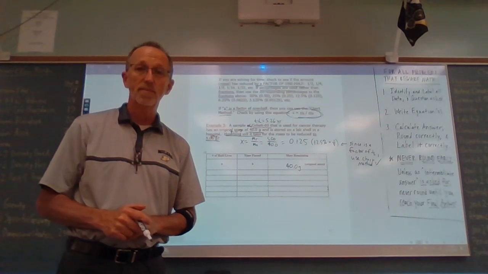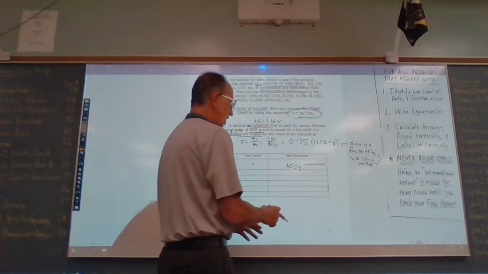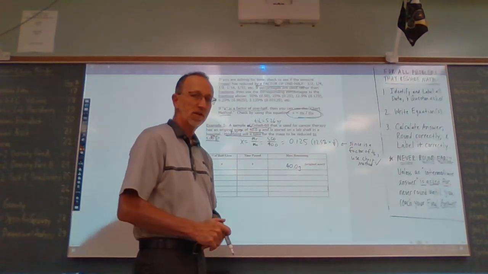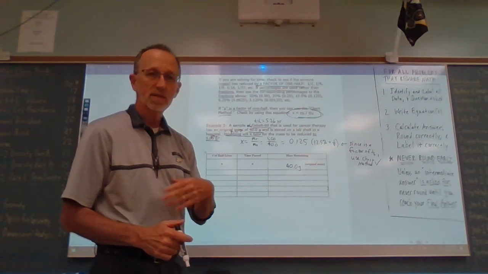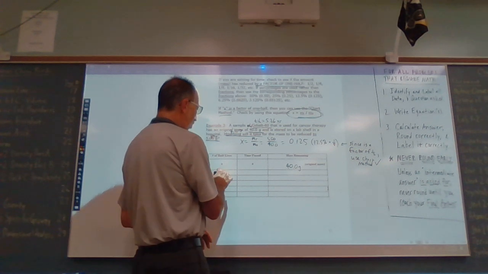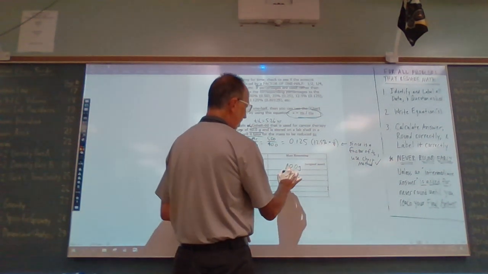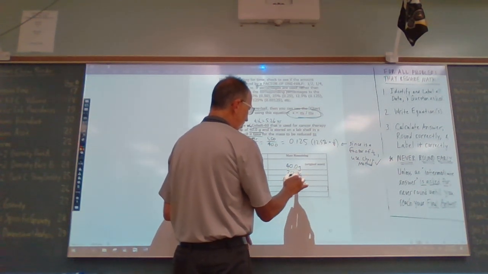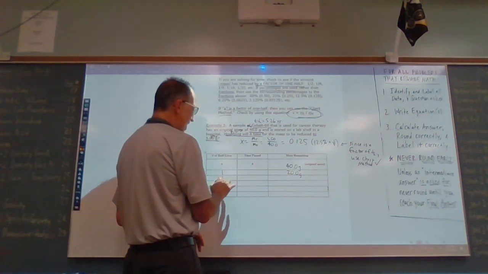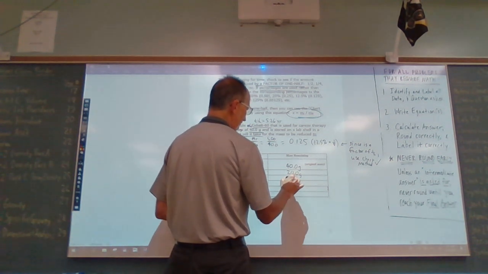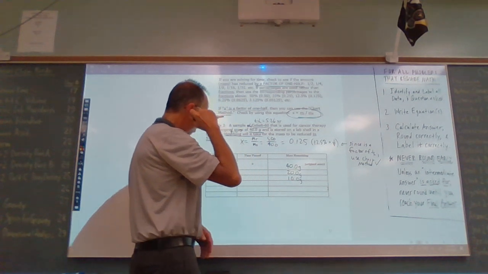So let's start with the mass, and we'll work our way down that column first. As a half-life occurs, that mass is going to get cut in half. After one half-life, that's going to cut down to 20.0 grams. After a second half-life, it's going to be cut down to 10.0 grams.